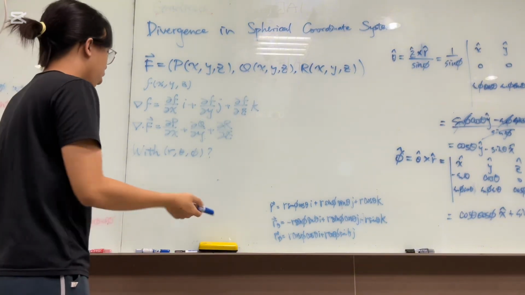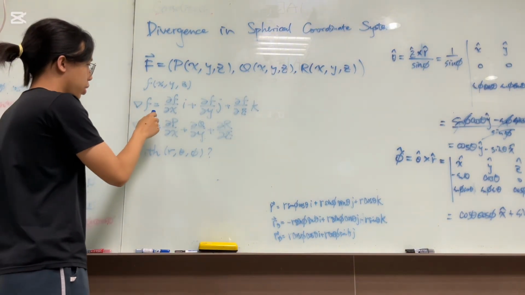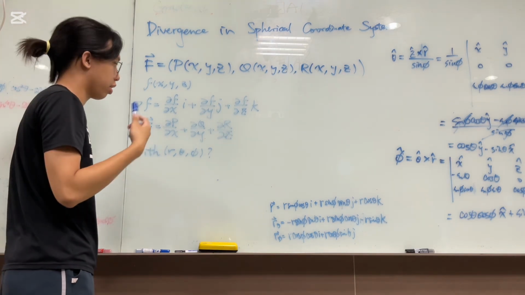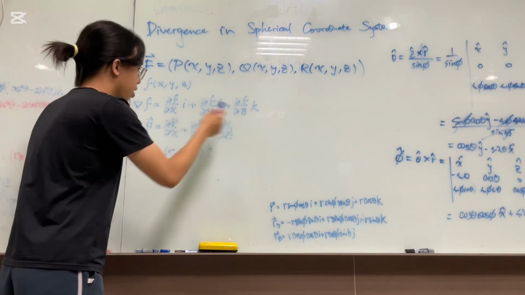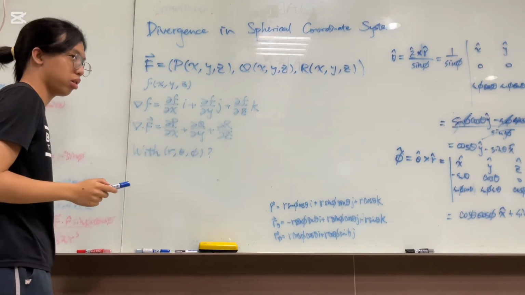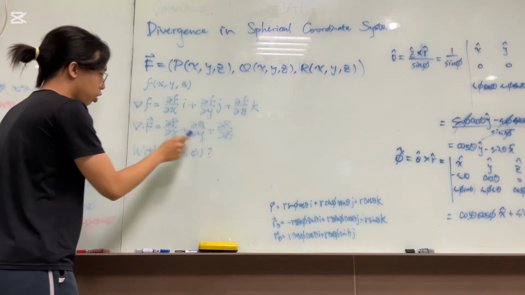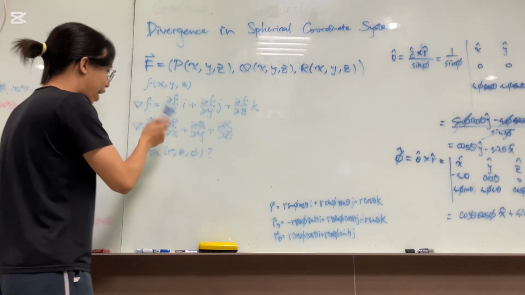So we all know that the gradient of f is we do the partial derivative with x, y, and z and have a vector. It is a vector form. And divergence is we do the partial derivative of P, Q, R with x, y, z and add them up.